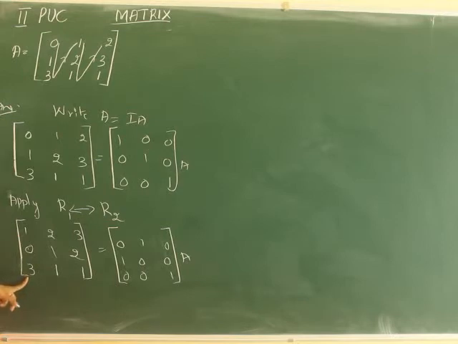To convert to 0, as I have already told, since it is a row operation, I have to use one more row. Here I cannot use this row because it is 0, so I have to use row R1.